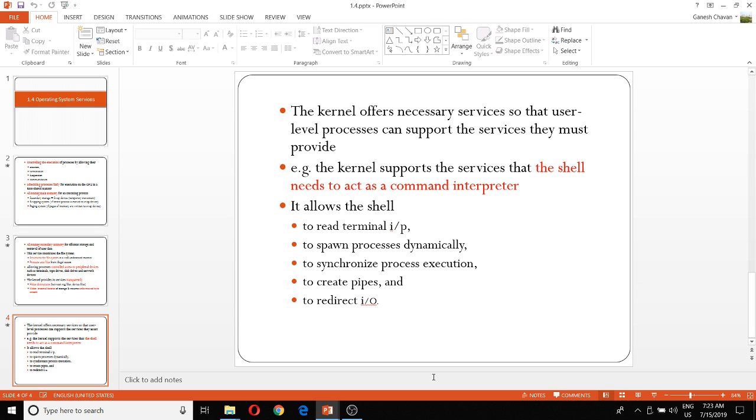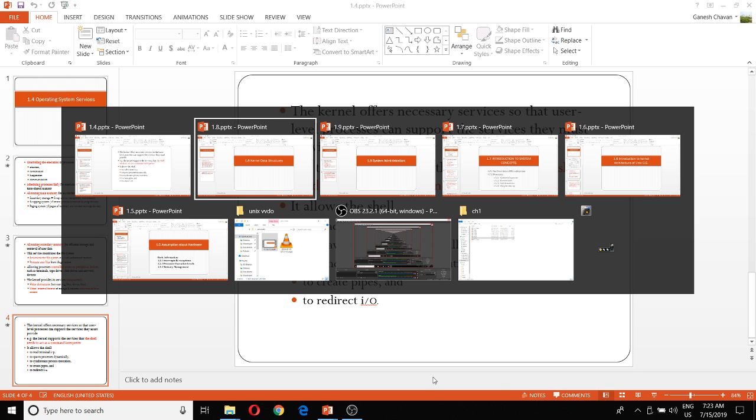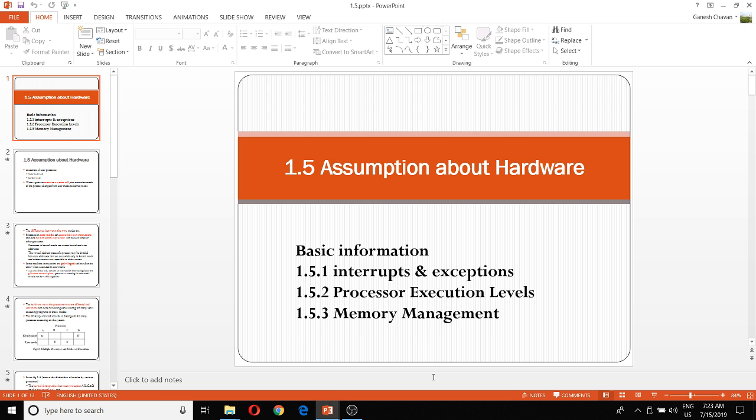It also allows the shell to read terminal input, to spawn processes dynamically, to synchronize process execution, to create pipes, and to redirect input-output. So this way, 1.4 is done.